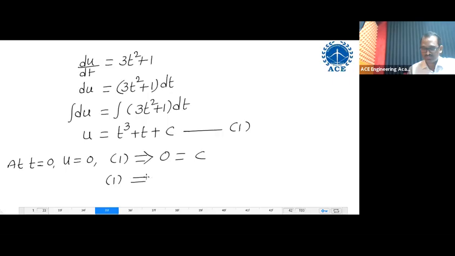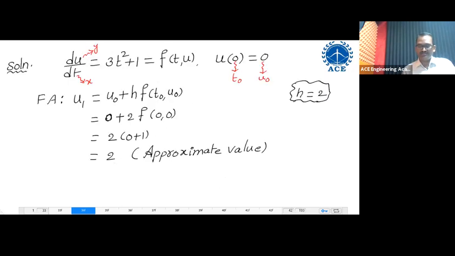So equation number 1 implies that u is equal to t cube plus t. But we were asked to find, listen to me, in this problem also the step size. See here, initially this is 2.